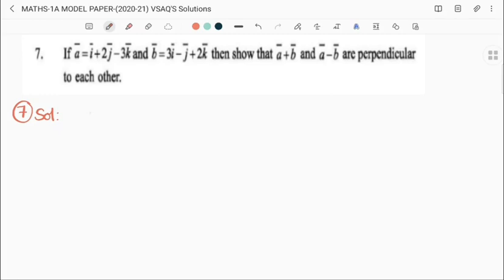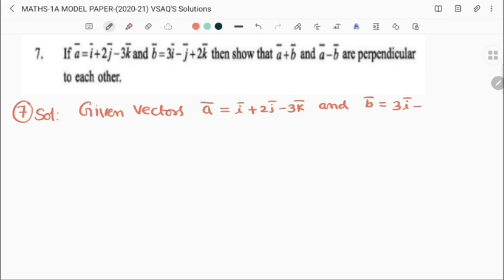So first write the given vectors. a bar equal to i plus 2j minus 3k and b bar equal to 3i minus j plus 2k.